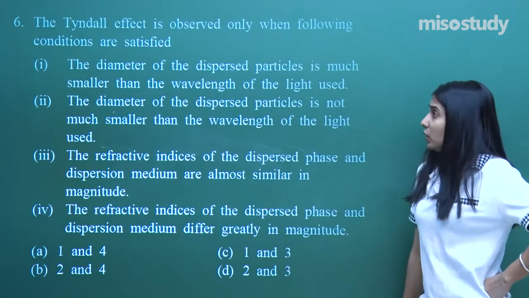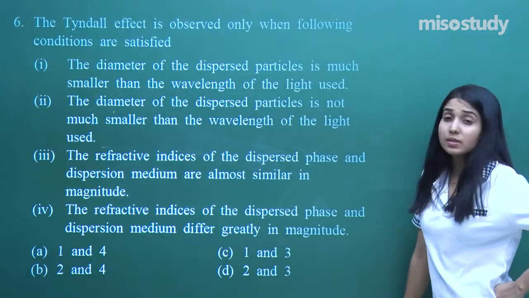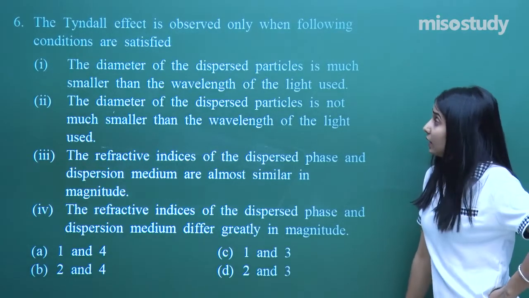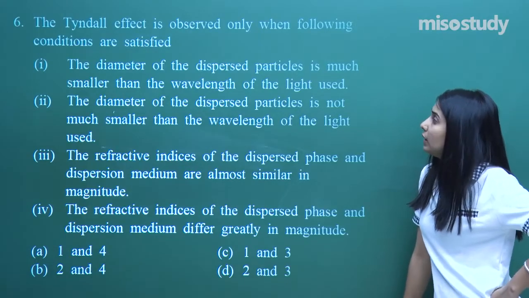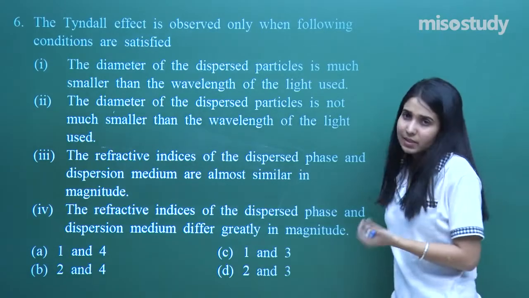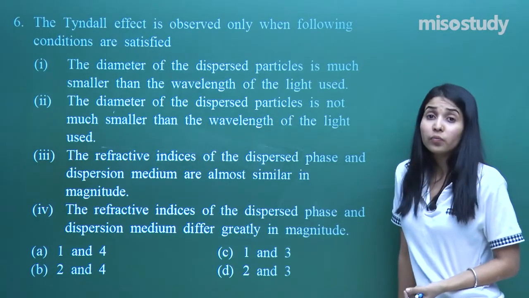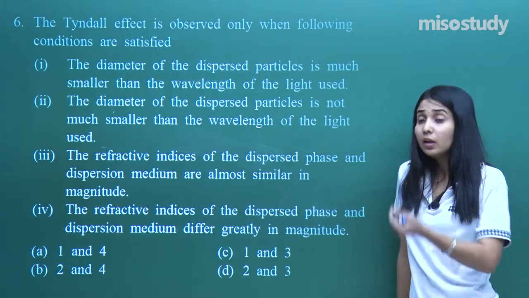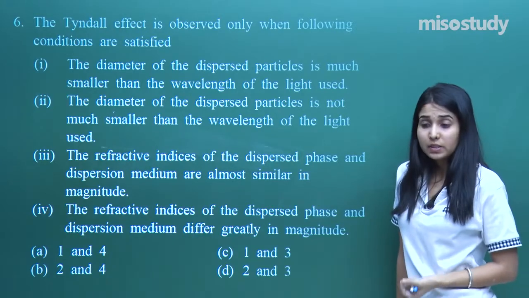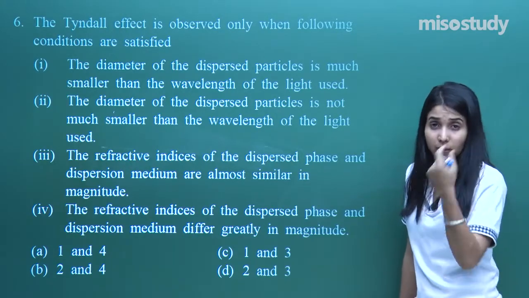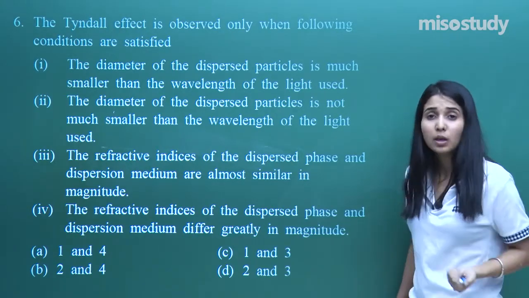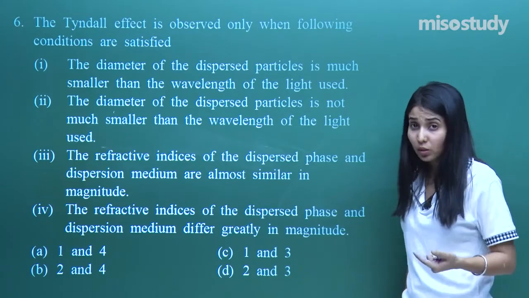Then coming up to the next question, what does it say? It says the Tyndall effect is observed only when the following conditions are satisfied. And now what do I need to do? The first thing, as I always say, when I am reading out the question, I have said Tyndall effect, so the picture of the Tyndall effect should come to my mind if I have to proceed with the question.